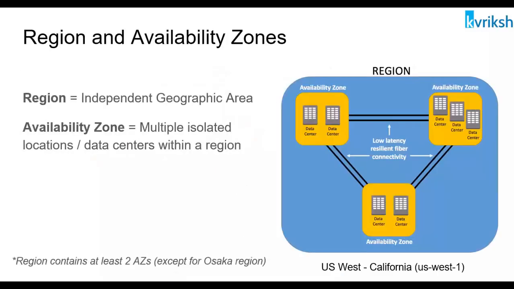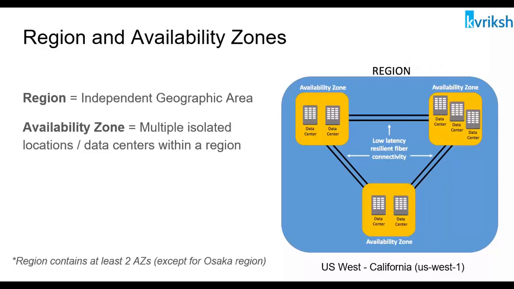Okay, so as I said, region is one geographic area. Here the blue area you see is an AWS region, and every region consists of typically 2 or more availability zones for high availability of your application. So when you design your architecture, typically you will keep your machines in different AZs, so that if one of the AZs goes down for some reason, you have your machine running in another AZ and your application then has high availability.